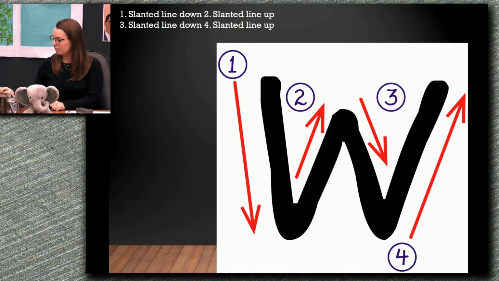Now let's think of words that start with W, like in window, web, watermelon. Take some think time. Turn and tell your learning buddy all the words that you are thinking of that start with a W, saying woo.